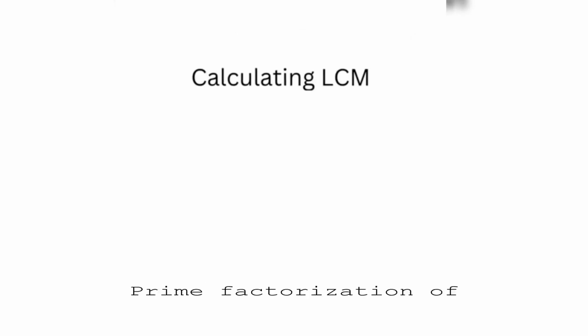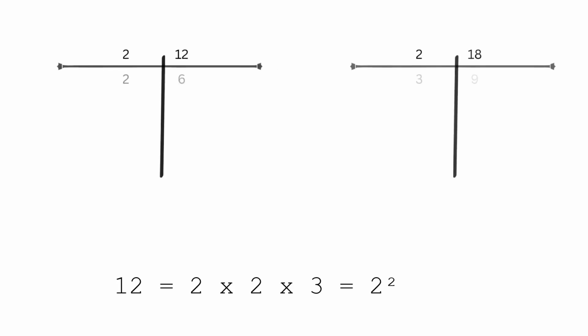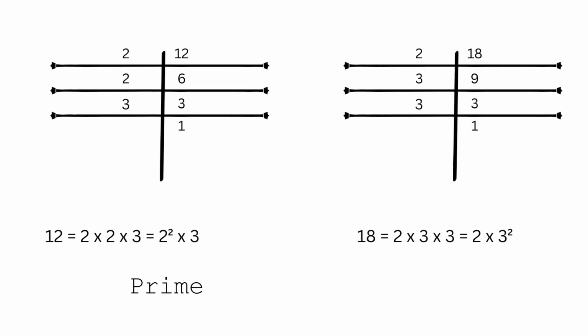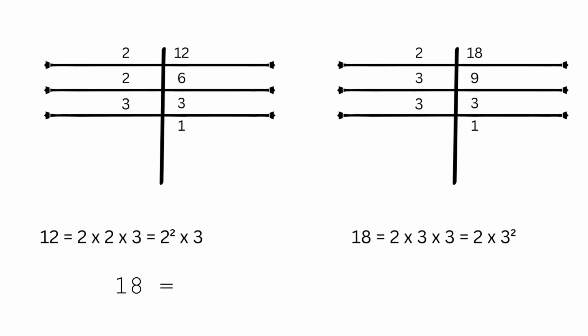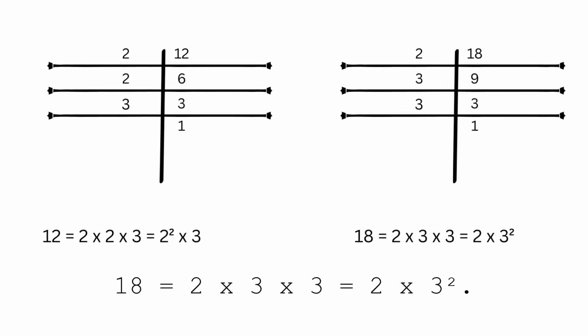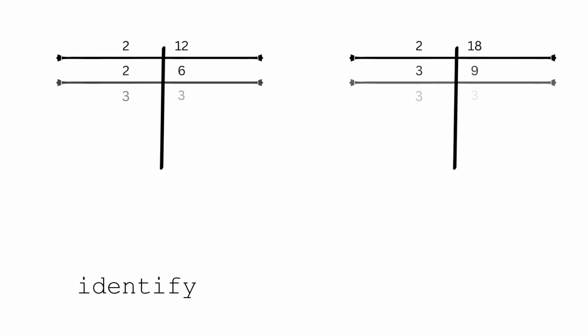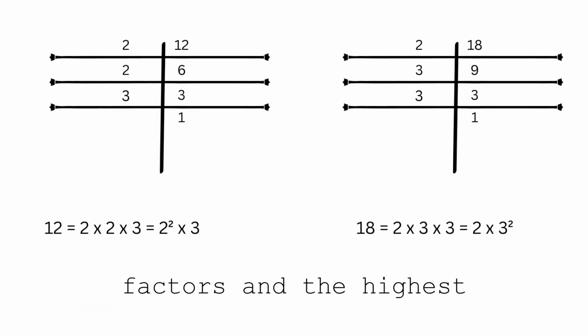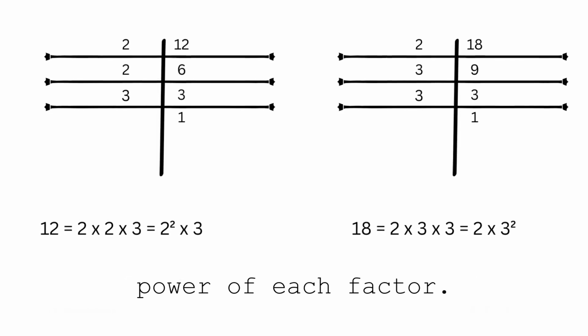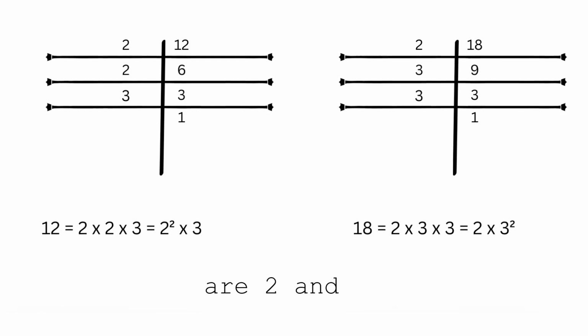Prime factorization of 12 equals 2 times 2 times 3 equals 2 to the power of 2 times 3. Prime factorization of 18 equals 2 times 3 times 3 equals 2 times 3 to the power of 2. Now, identify all the unique prime factors and the highest power of each factor. Unique prime factors are 2 and 3.